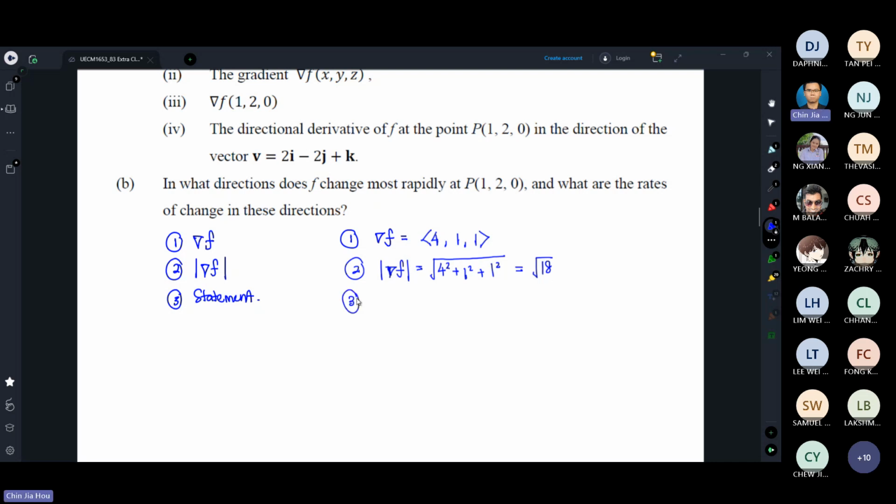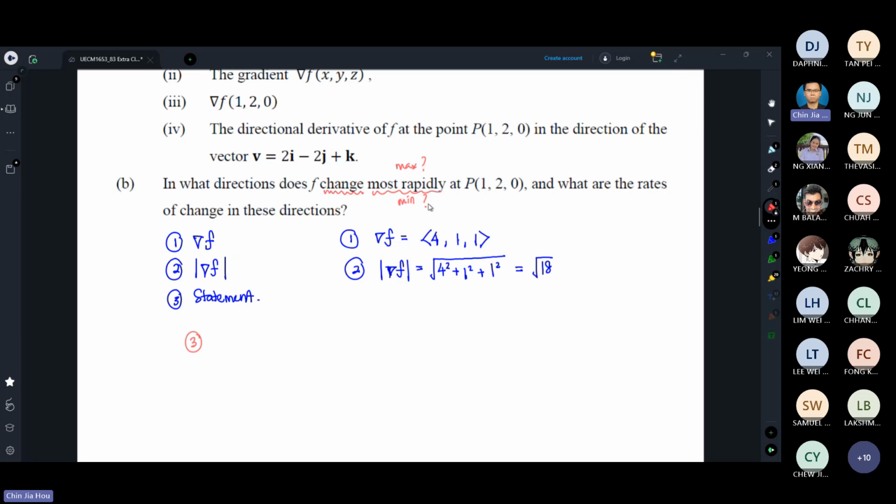Now, the third one is to write the statement, which I need more space for, and highlight it in red color. Now, the third part only mentions change most rapidly. It doesn't mention max or min, right? If it does not mention, then you need to write both.